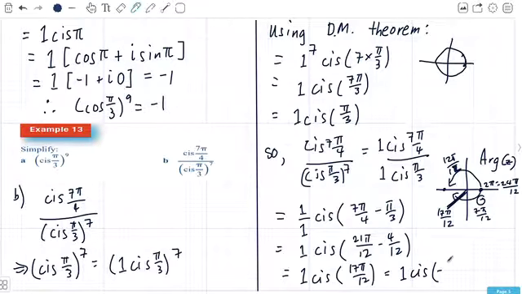So our answer is going to be negative 7 pi over 12. So for this example, cis of 7 pi on 4 over cis of pi on 3 to the power of 7, leaving it in cis form because it's a non-standard angle, is 1 cis negative 7 pi over 12. So both of those examples, because they've got powers in them, we're using De Moivre's theorem.